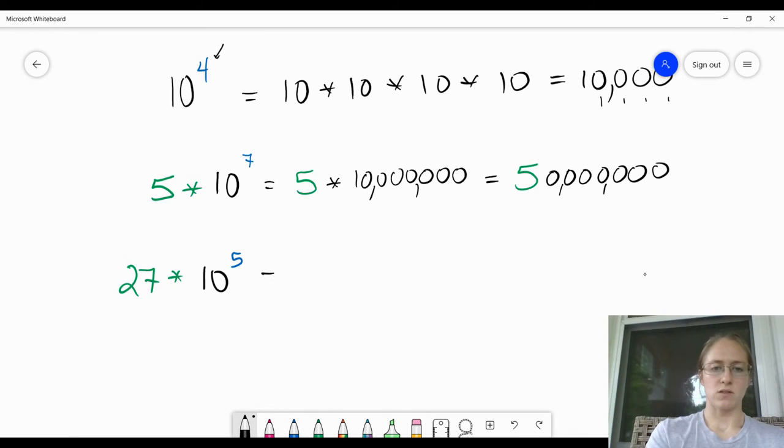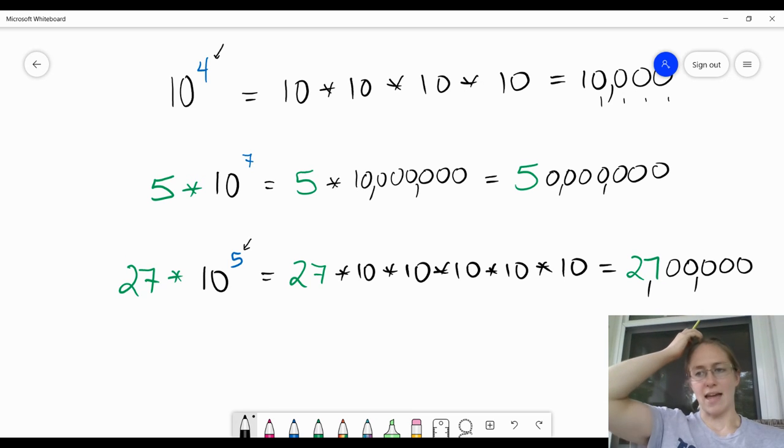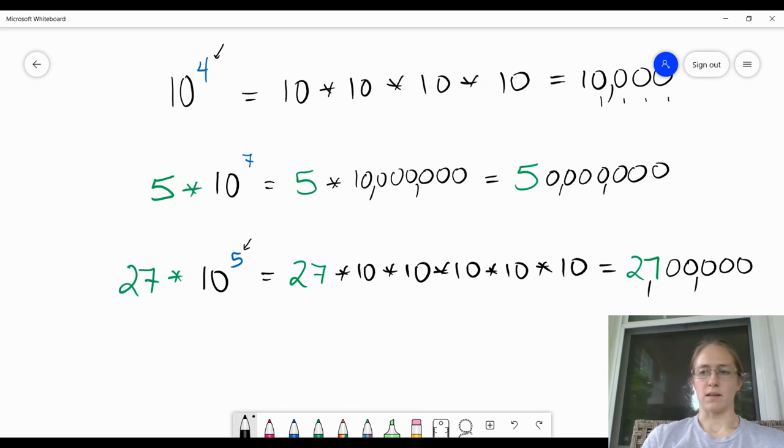So in that case, another way to think about this is I'm multiplying 27 times 10 5 times, right? 27 times 1, 2, 3, 4, 5. And so every time I multiply by 10, it attaches yet another 0 on the back of that 27. So since I multiplied by 10 5 times, according to my exponent, my 27 should get 5 zeros attached on the back. And that ends up with an answer of 2,700,000.